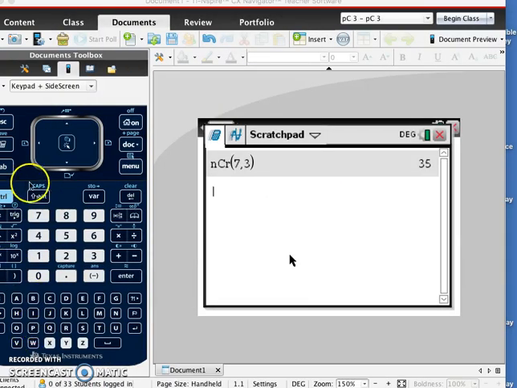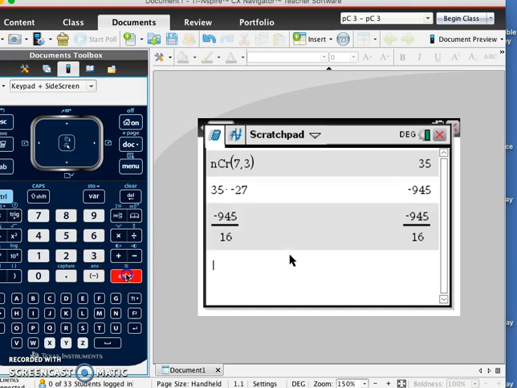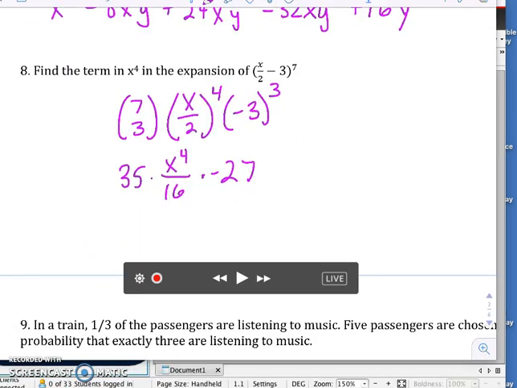So we can type this in, 35 times negative 27 divided by 16. Alright, so we have negative 945 over 16 x to the fourth.